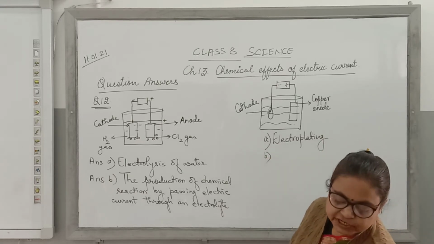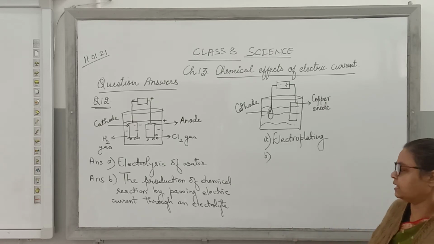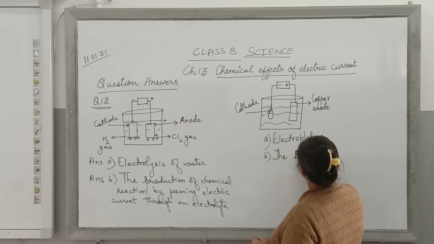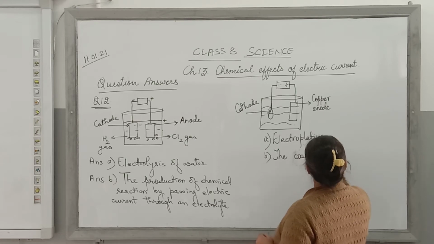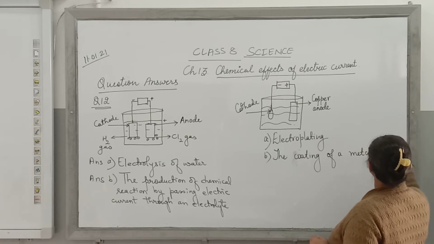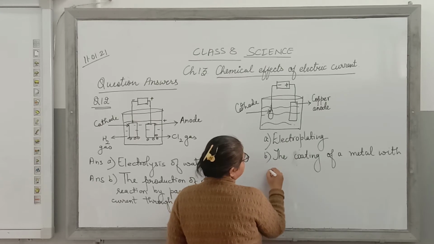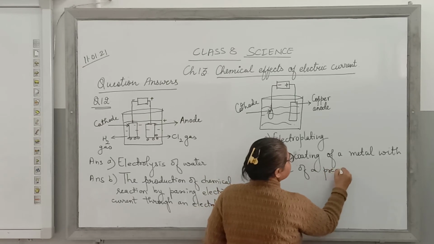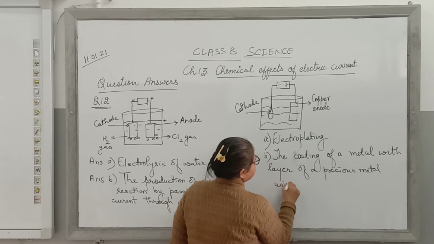And the second question states that define the process. What is the definition of electroplating? Electroplating means the plating electrolysis.